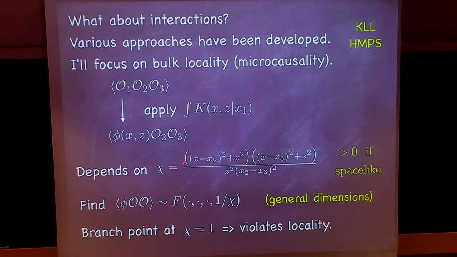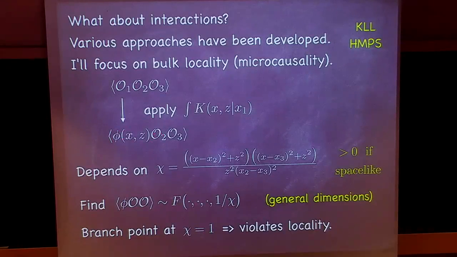Chi vanishes if your bulk point is light-like separated from the second boundary point. It also vanishes if your bulk point is light-like separated from the third boundary point, and it diverges when the two boundary points are light-like separated. But if these 3 points are all at space-like separation, then all of these factors are positive. So chi is positive at space-like separation, and that will be important in a minute.